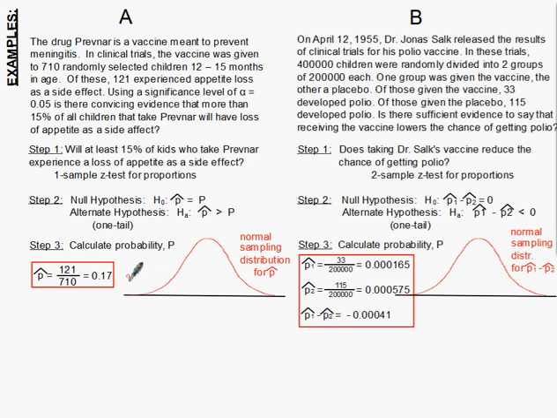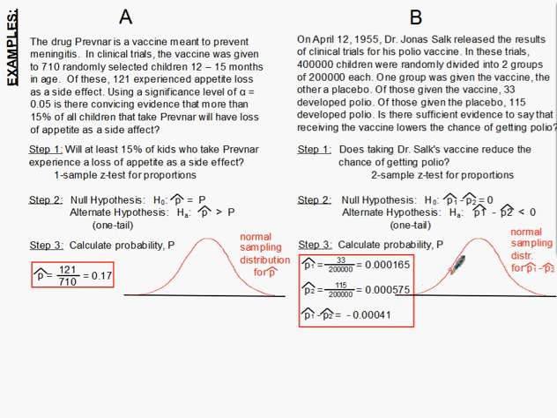In this one with the Prevnar, we have 121 children who experienced appetite loss out of 710. And here we have our polio vaccine, where we have our two samples. In sample 1, we had 33 children out of 200,000. Sample 2, 115 out of 2,000.